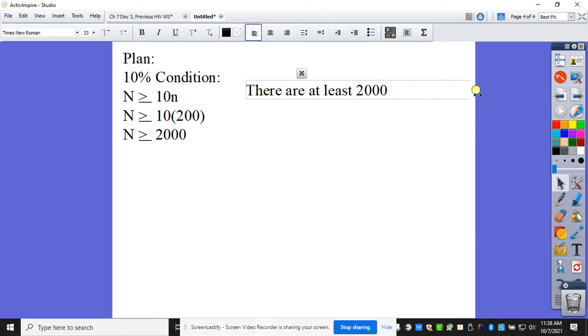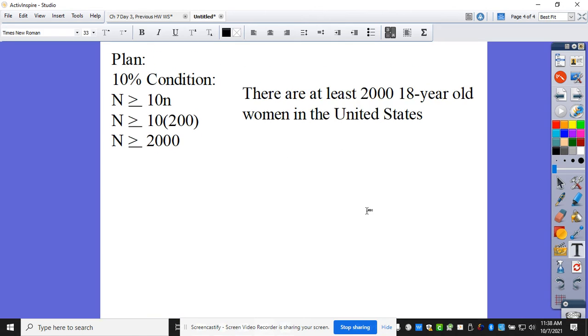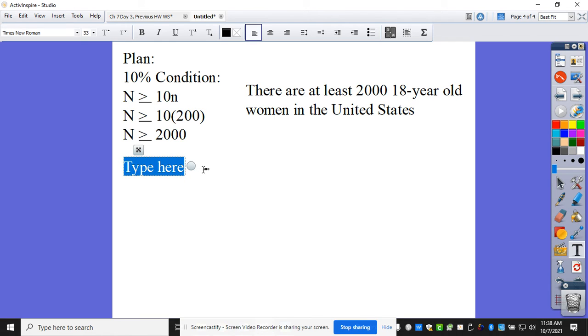So there are at least 2,000. So that should be word for word, however you decided to word your population. What's my next condition?